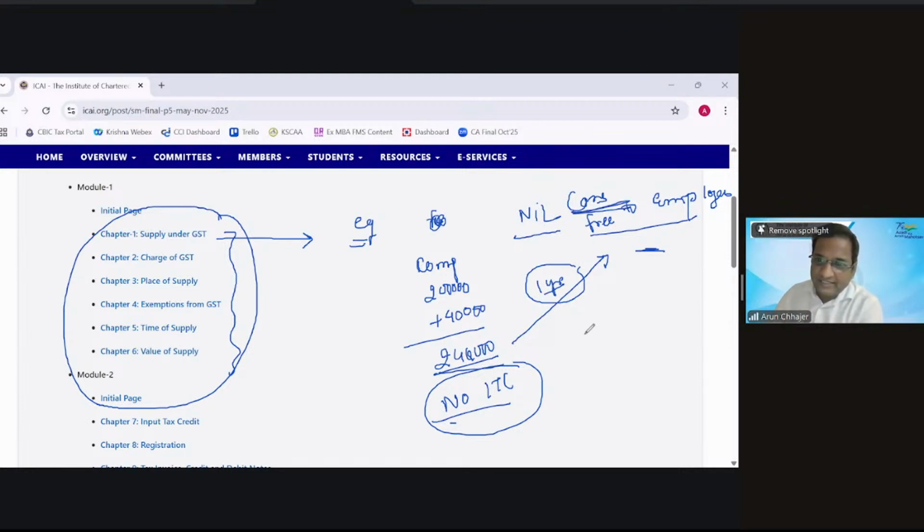It is nil consideration, but the value is 240. Let's say after 1 year, after 2 years, the value remains more than 50,000. So the answer would be it is taxable.